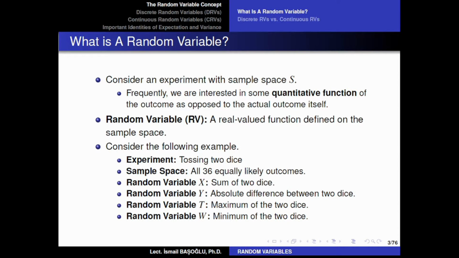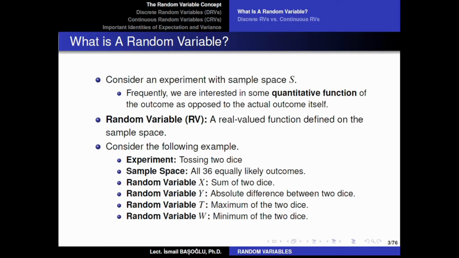This is just an outcome: (3,4) is an outcome, (5,6) is another outcome. You can say that the summation of (3,4) is lower than that of (5,6). However, you cannot say (5,6) is greater than (3,4). Maybe (3,4) is greater. Maybe (3,4) is better. So these are just qualitative outcomes. We have 36 equally likely outcomes, and they cannot be represented numerically.